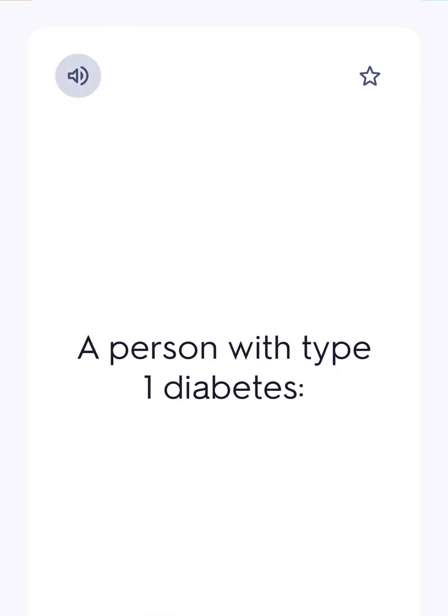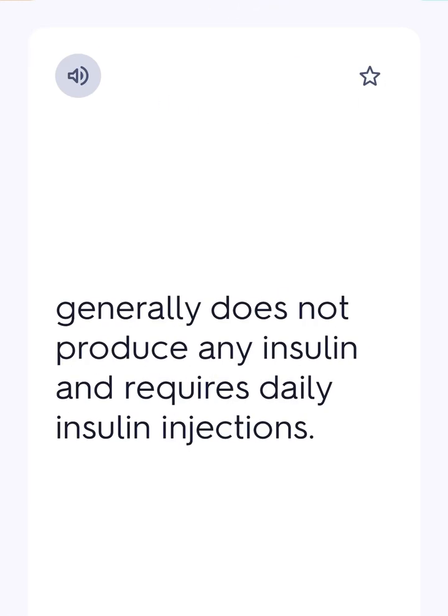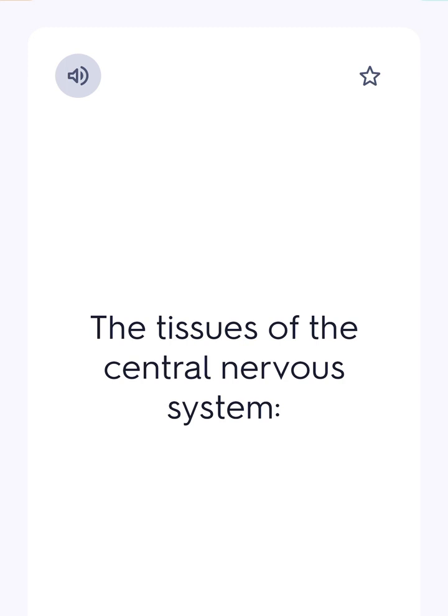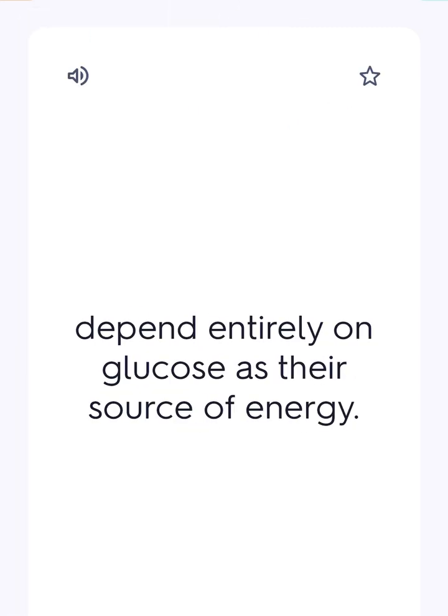A person with type 1 diabetes generally does not produce any insulin and requires daily insulin injections. The tissues of the central nervous system depend entirely on glucose as their source of energy.